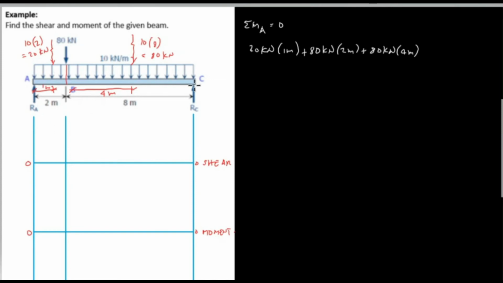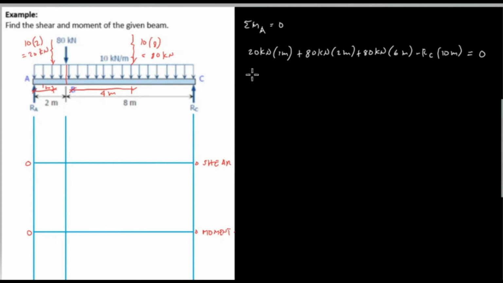At point C, we have a reaction C. So reaction C, RC, and the distance from C to A is 8 plus 2 or 10 meters. So this is 10 meters, and the direction of RC, upward direction, which is counterclockwise, therefore it is negative sign and equal to 0.